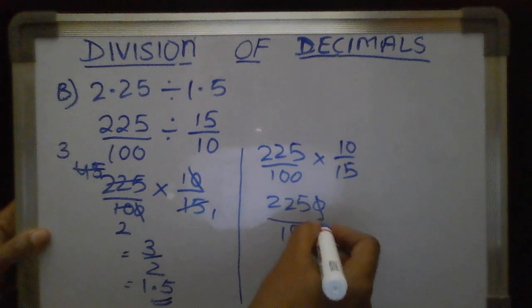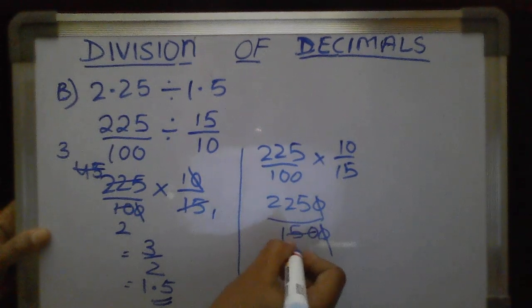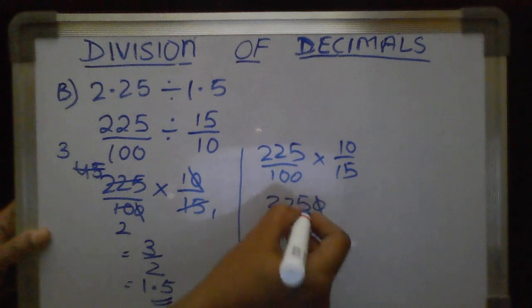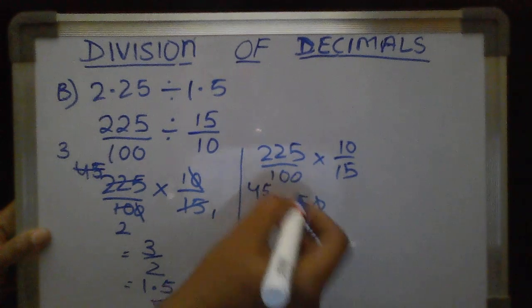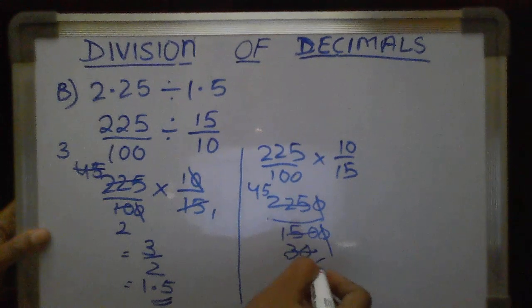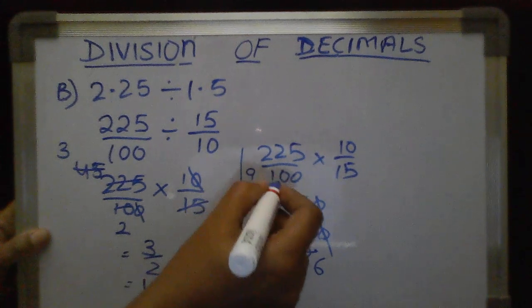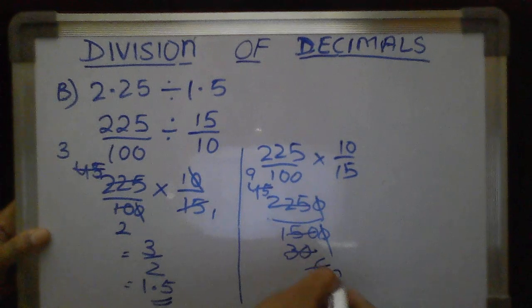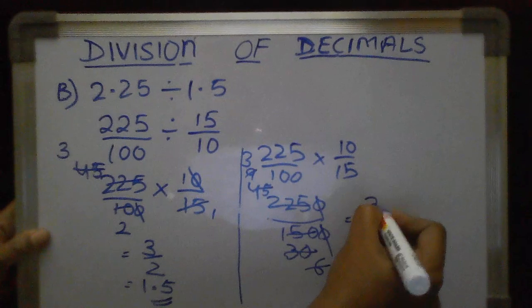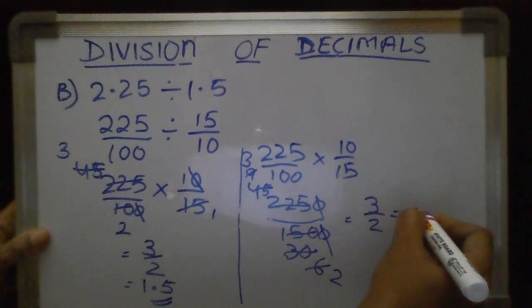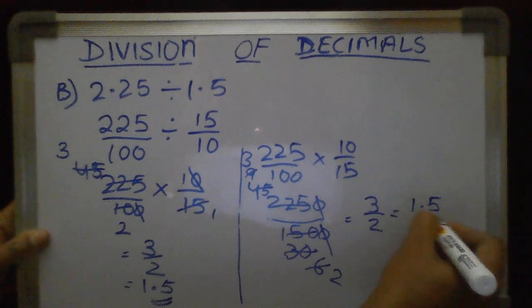So I can cancel the zeros here. 5 threes are 15, 5 fours are 20, 5 fives are 25, 5 sixes are 30, 5 nines are 45, 3 twos are 6, and 3 threes are 9. So it is 3 by 2, which is nothing but 1.5.